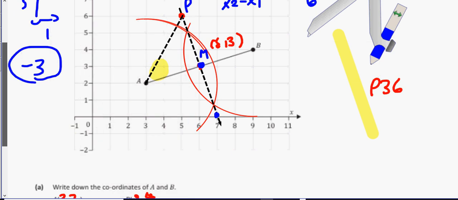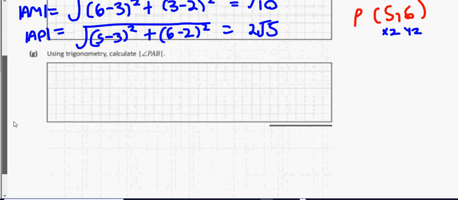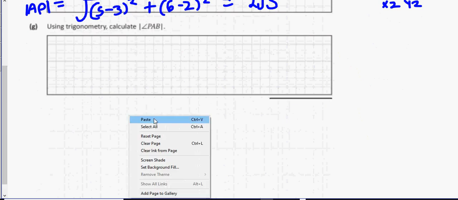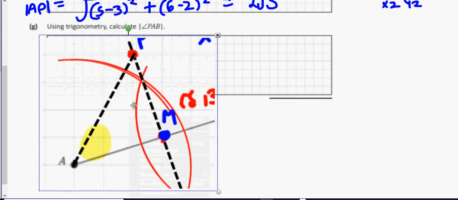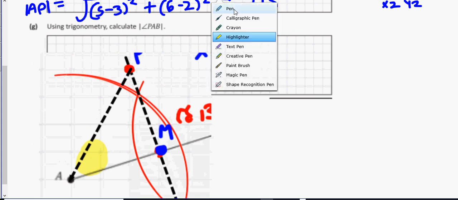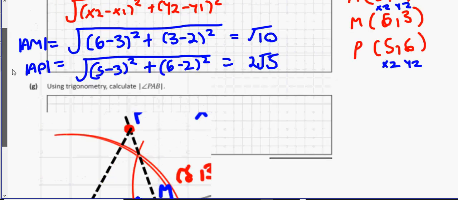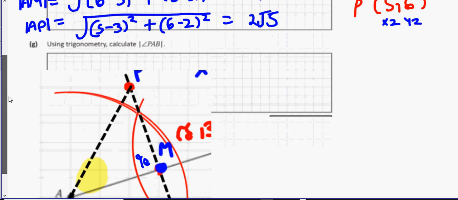Now, what's the only type of triangles that you guys have done trigonometry on? Exactly. So, what do we know about this triangle? We know it's right angle, don't we? Perpendicular, correct? Now, AM is root 10.